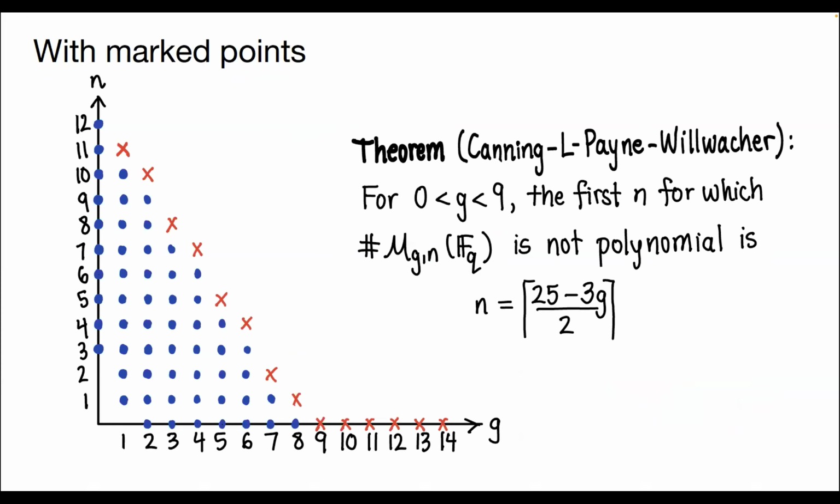If you look at the n equals 0 axis, this is the theorem that I first stated, and it says once you get to genus 9, already with no markings, your point count is not polynomial. And then between genus 0 and 9, the formula for the first n which is not polynomial, so the first X that you see when you look up in this chart, is the ceiling of (25 minus 3g) over 2.